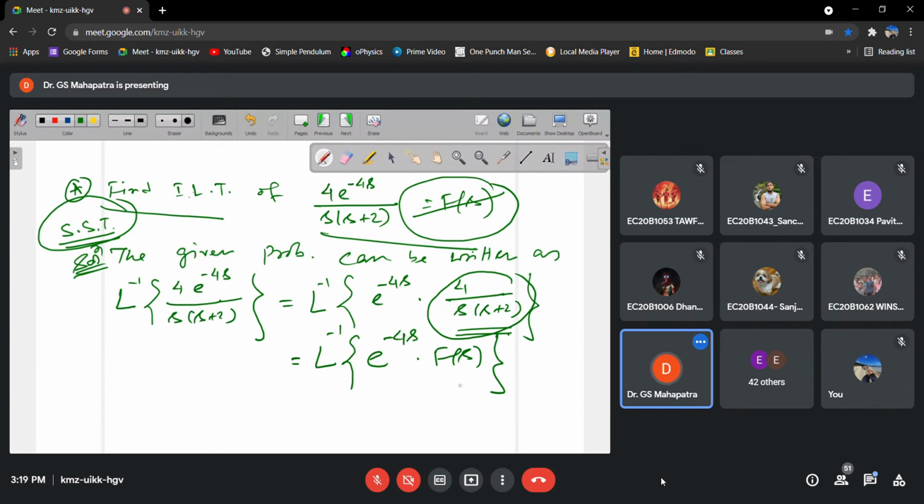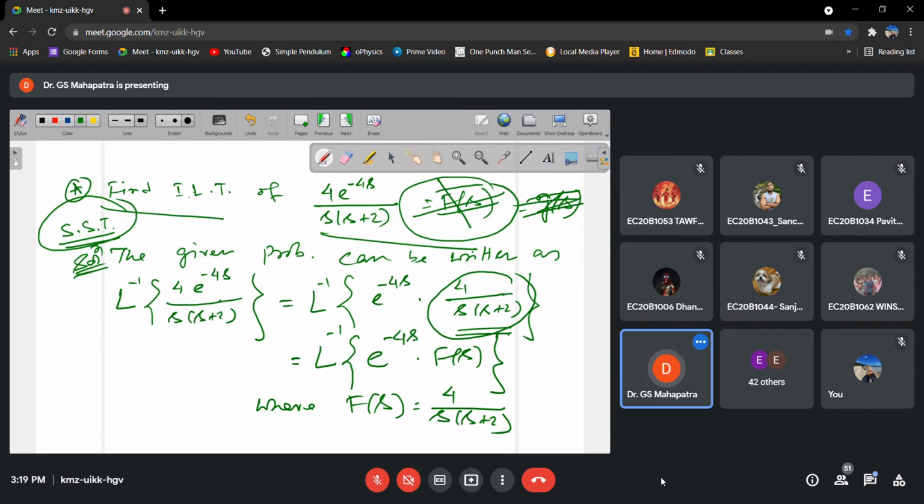You can say g of s or something for simplicity, or otherwise no need to consider. So here, capital F of s is 4 divided by s into s plus 2.